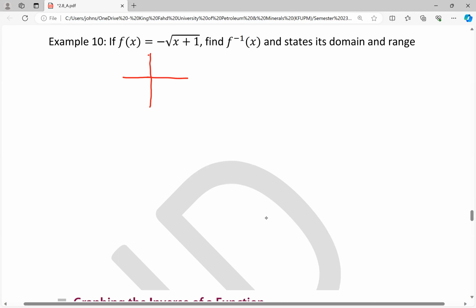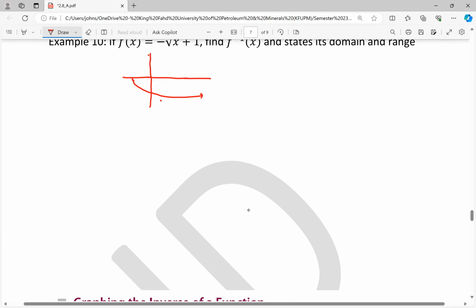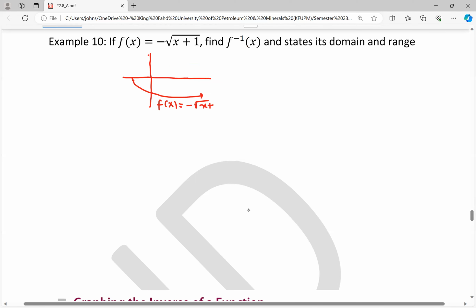This is a root function, so it shifted, root x shifted 1 to the right. So we have something like this, but now it is reflected across the x-axis. So it means we have to go down with it, right? So this is actually the graph of what? This is f of x equals minus root x plus 1.